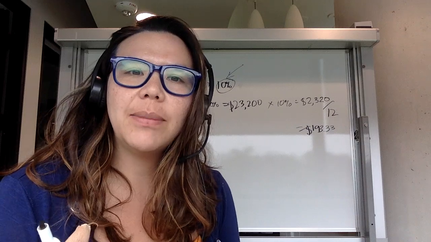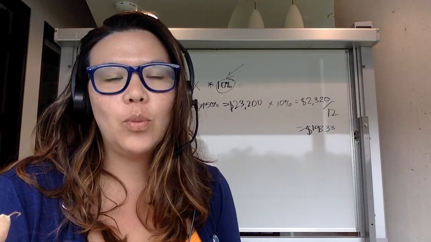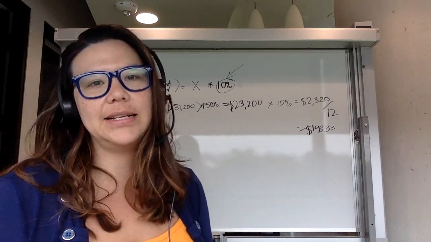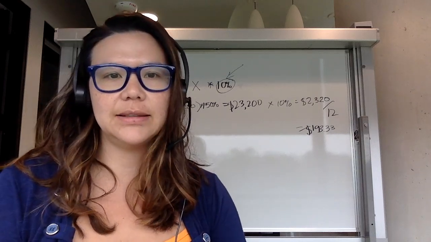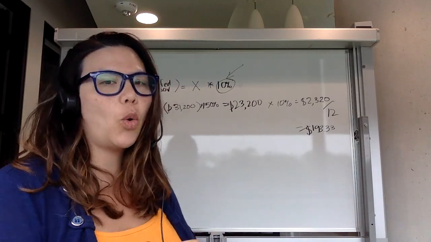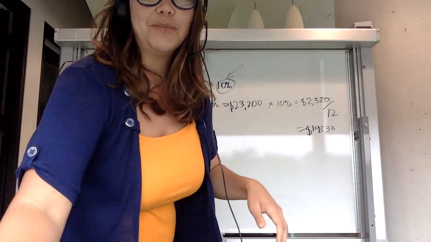So now let's talk about this same scenario, but for the SAVE program, okay? And I did start to talk about the differences slightly. For the SAVE program, I'm going to get a different color marker here so I can point out the differences, and I will be doing the calculation as well.